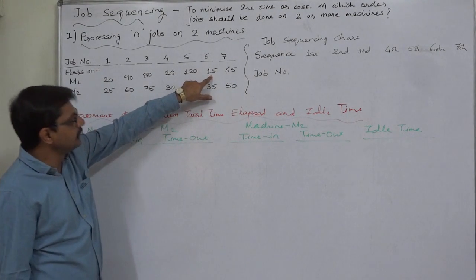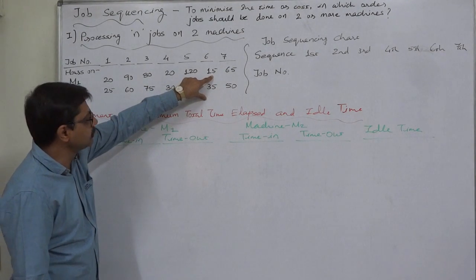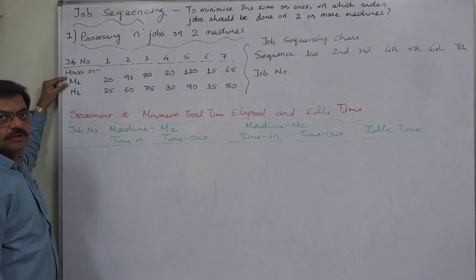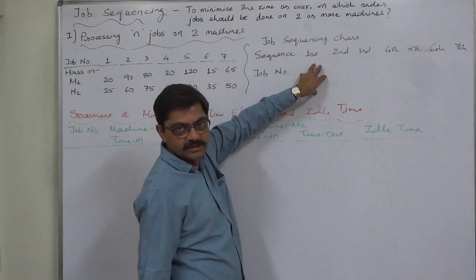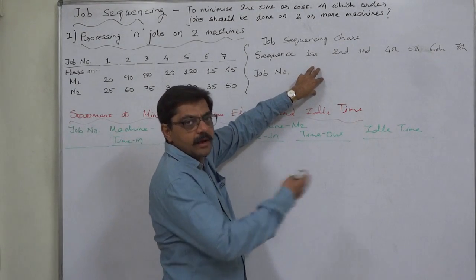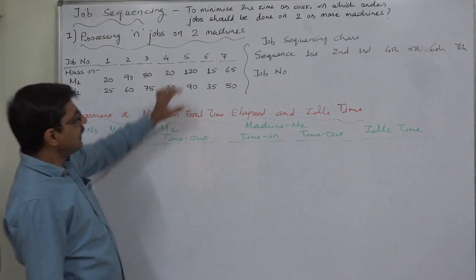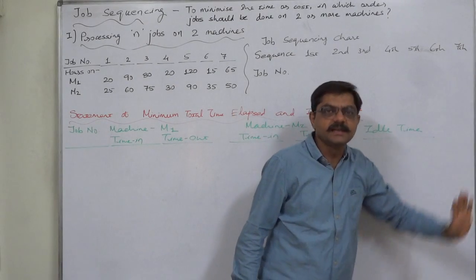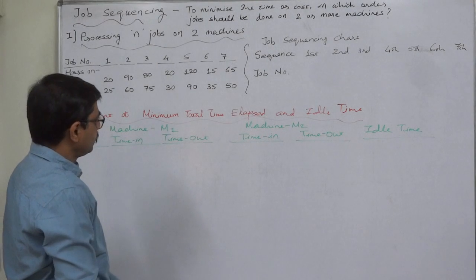Now check the least time in the outstanding jobs, all outstanding jobs, and see which machine it is on. If it is on machine 1, then it should be placed on the left hand side, or on the earlier order in the job sequencing chart. If the least time is on machine 2, then that job will be placed on the right hand side in the job sequencing chart. That means the later preference order.